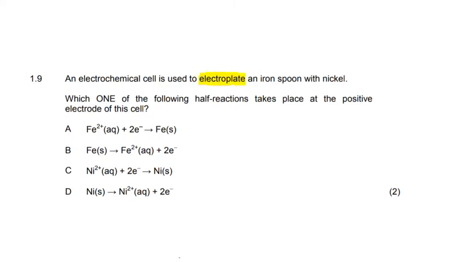And you should have your theory running in your head that this is an electrolysis process. So we're going to be converting electrical energy to chemical energy. Or in other words, we're going to use electricity to drive a non-spontaneous chemical reaction.